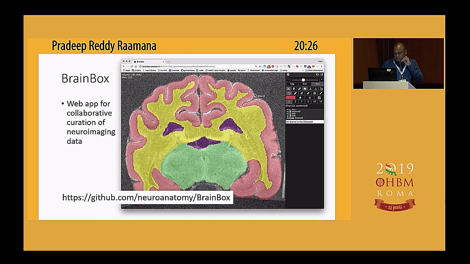And BrainBox is another tool that makes collaborative volumetric editing really, really easy. This is an excellent tool because you can collaborate in real time on the internet and produce really high-quality neuroanatomical segmentation, right? Because this is a time-consuming and tough process, such collaboration is important to get high-quality segmentations.